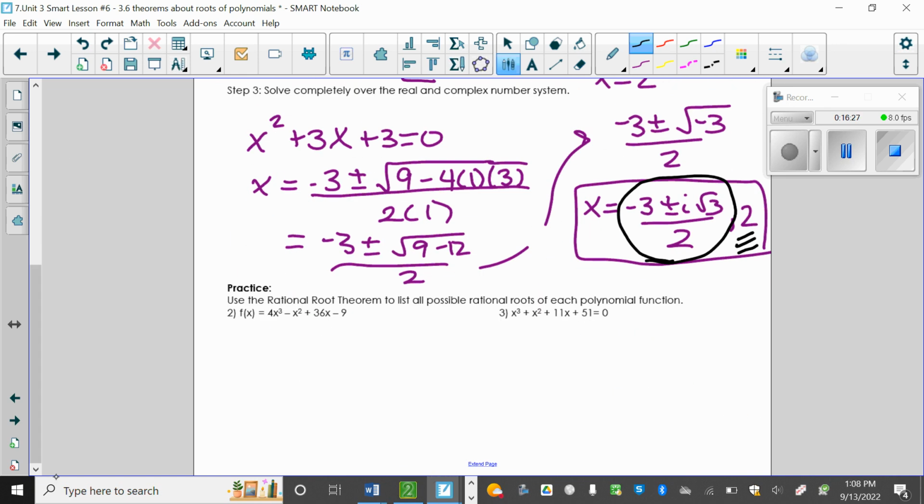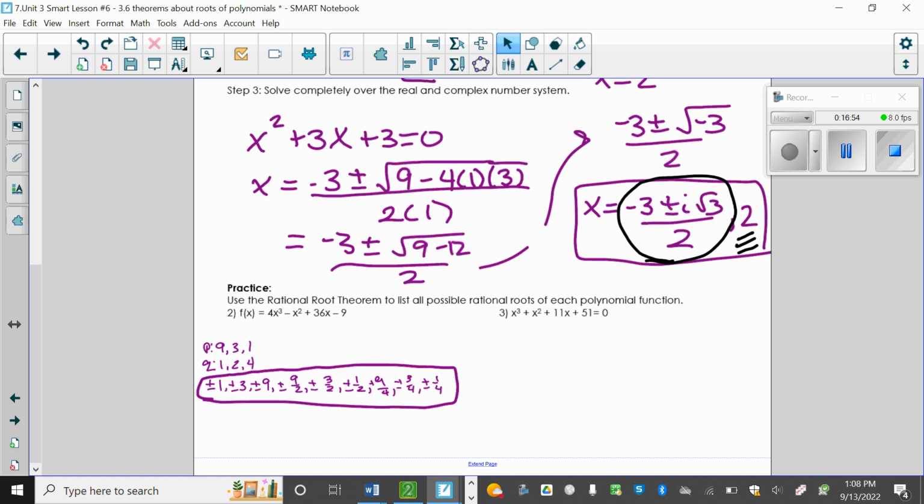So go ahead and do example 2 and example 3 on your own. You're going to pause the video. When you're finished with example 2 and example 3, resume the video because I'm going to show the answers in 5, 4, 3, 2, 1.